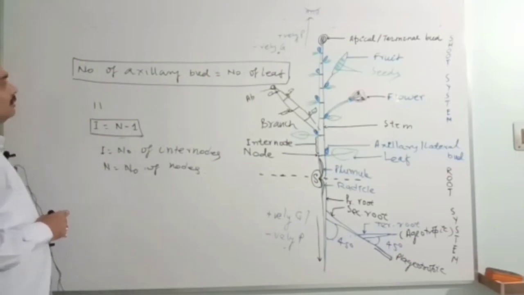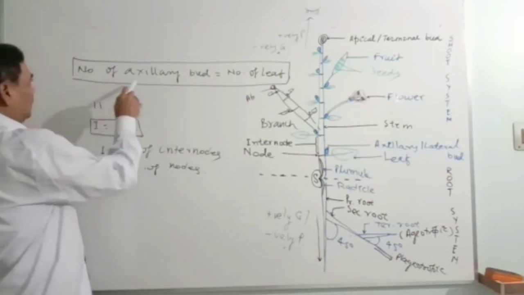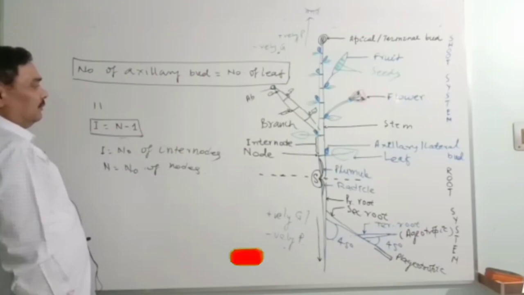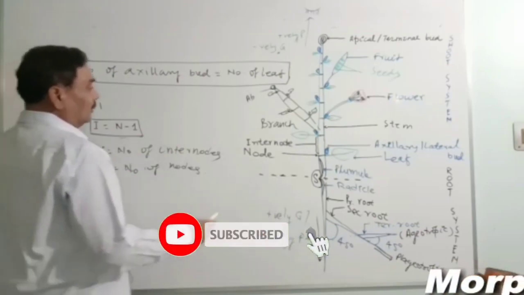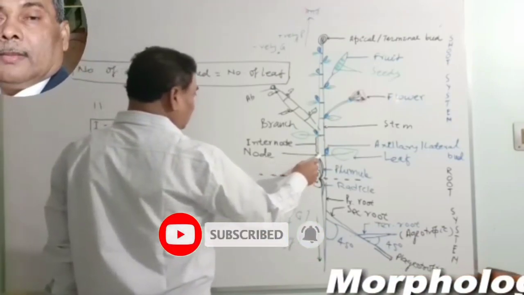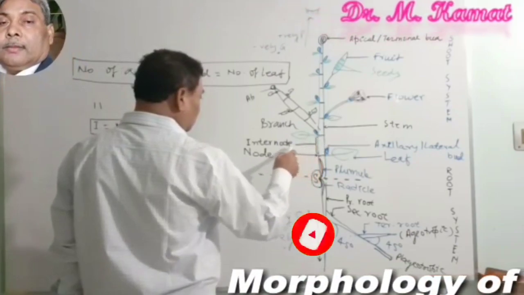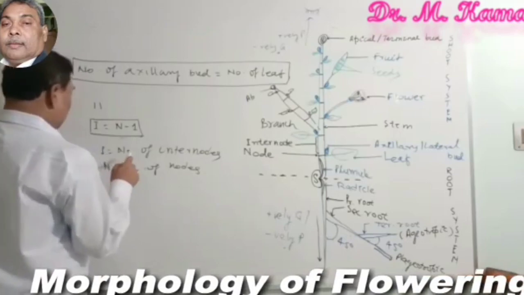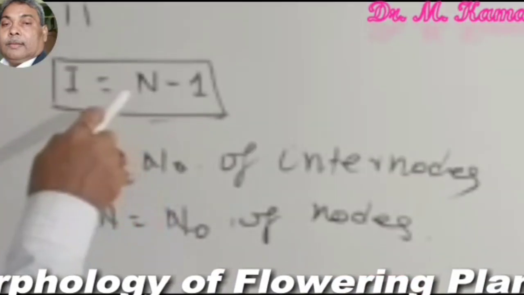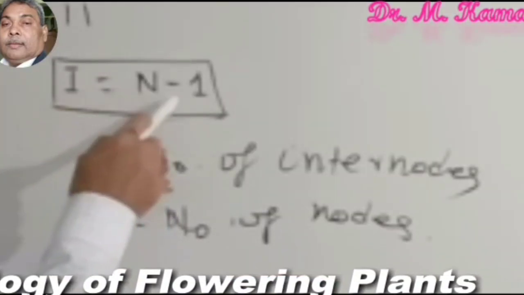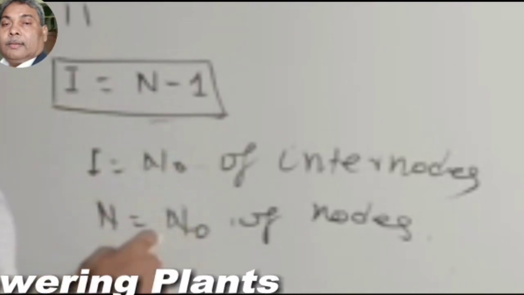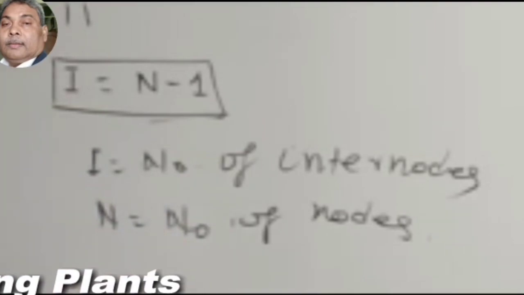So you may calculate the number of axillary bud by calculating the number of leaf. The space between two successive nodes is called internode. So internode can be calculated by using the formula I is equal to n minus 1, where I is equal to number of internodes and n is equal to number of nodes.